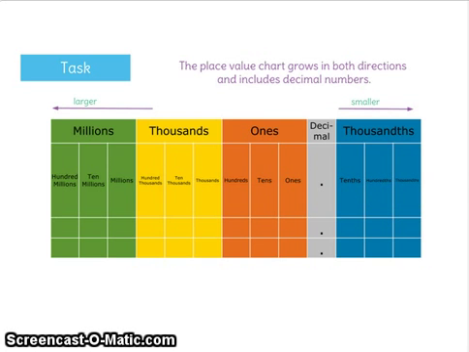So, your task now is to create 2 numbers, filling in every single space, and I want you to read those to your partner, how you think they should sound. So pause, create those numbers, and share them with a partner.